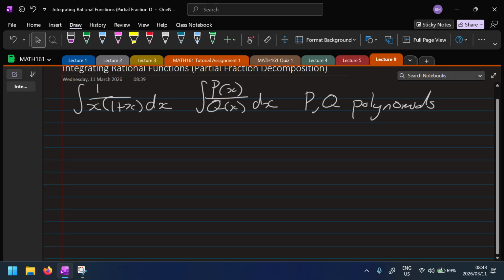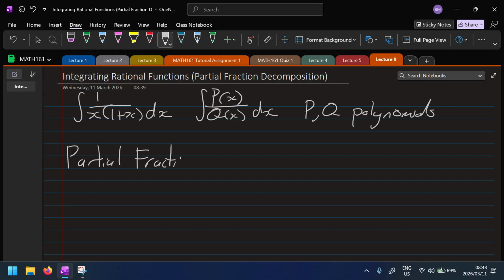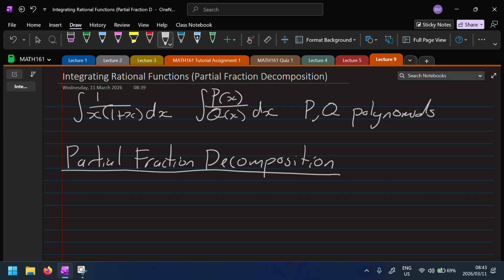Okay, so let's get into this. Partial fraction decomposition. And just on the side here, put a little warning.